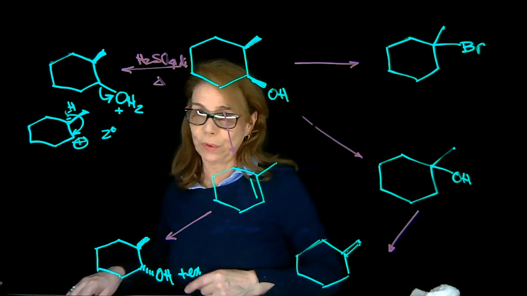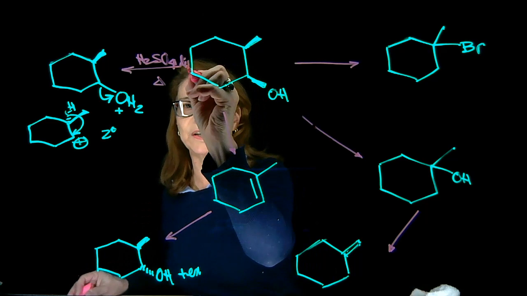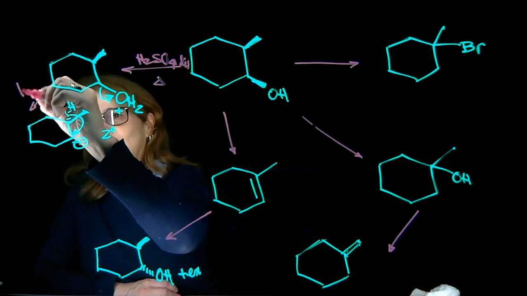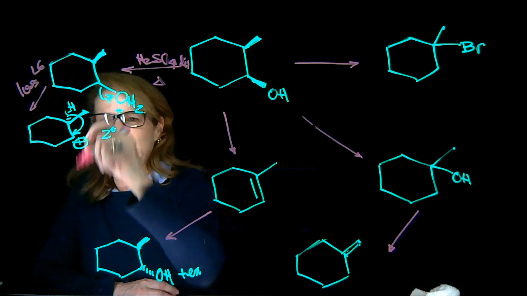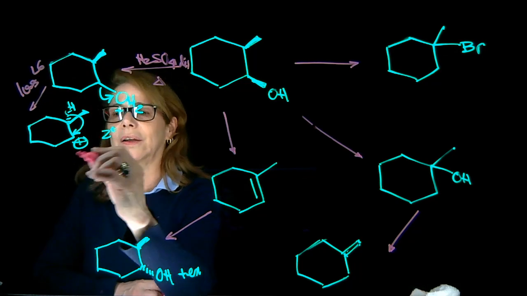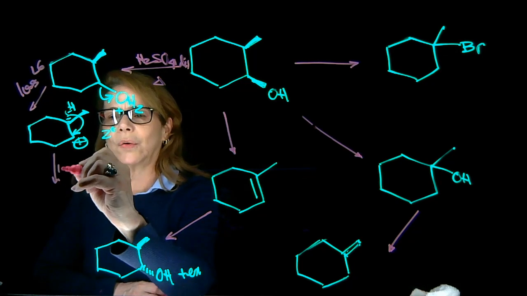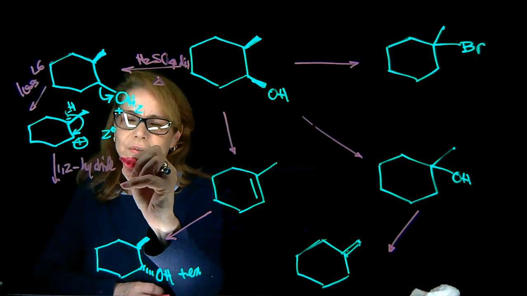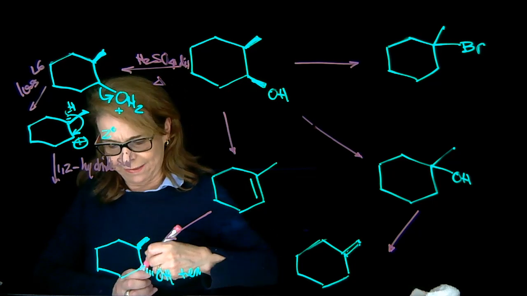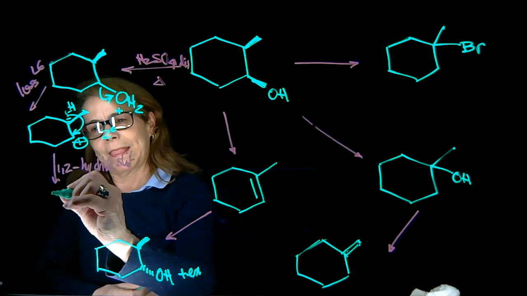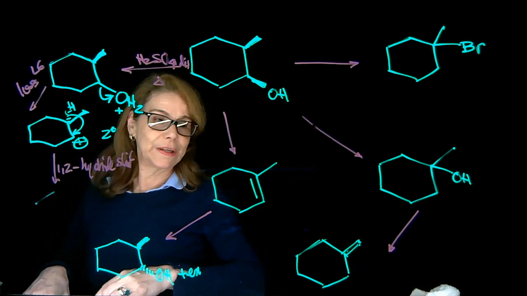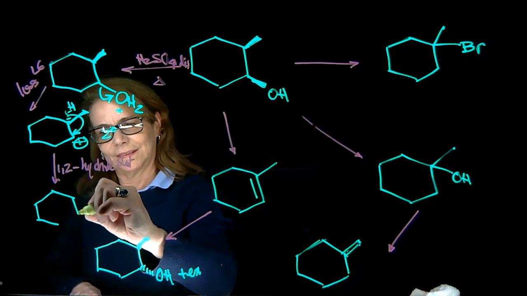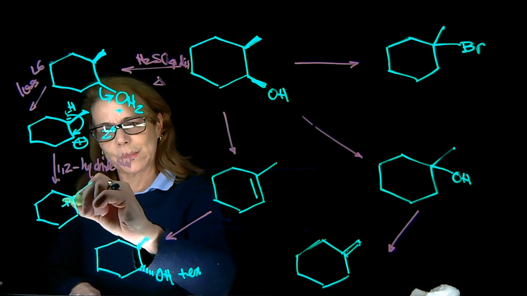So when we were saying diluted acid, we will first protonate the OH, making it a good leaving group. So this step is loss of leaving group, generating a secondary carbocation. And then here I have a 1,2 hydride shift, and that will give me a tertiary carbocation, which is the following.